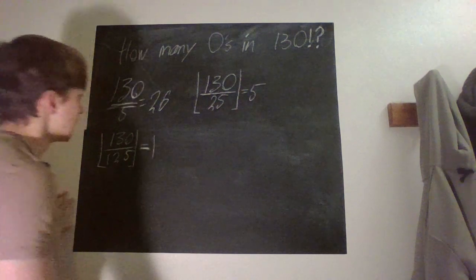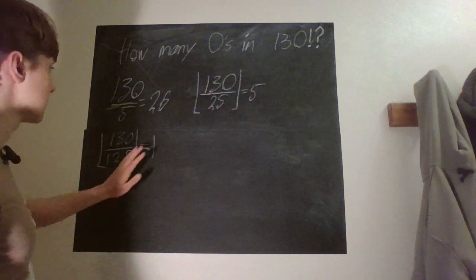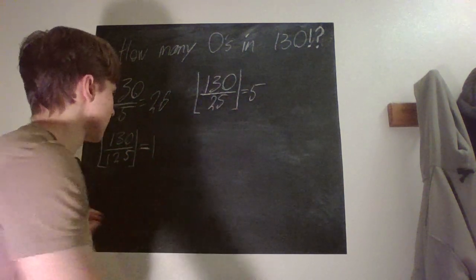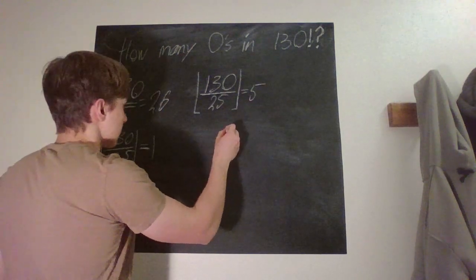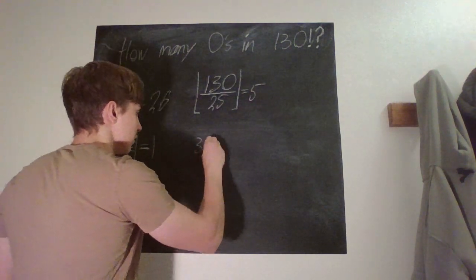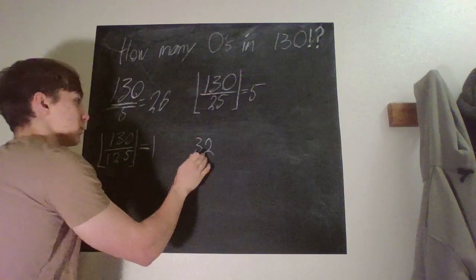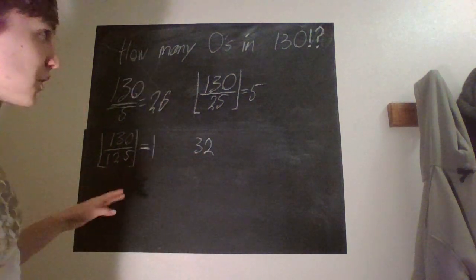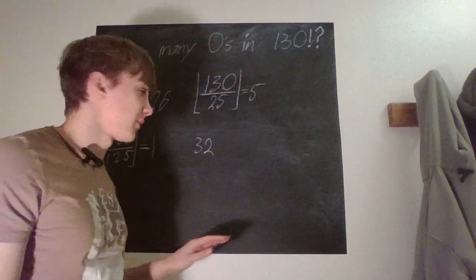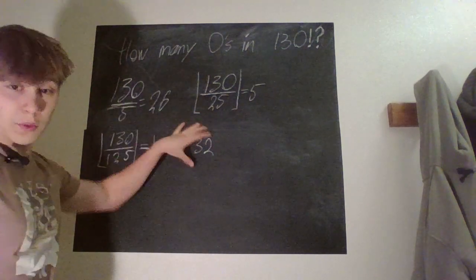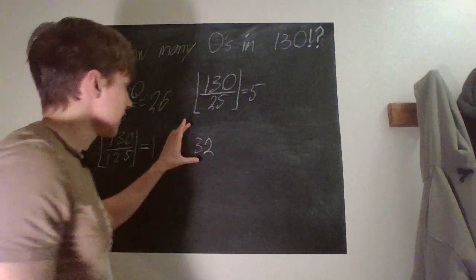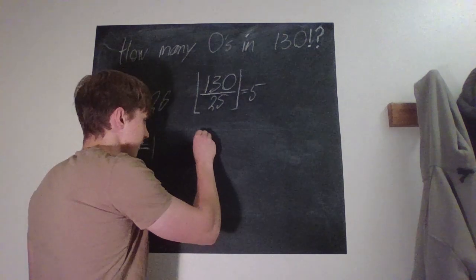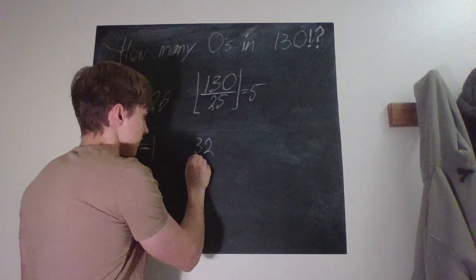Makes sense. And therefore, the sum of these, which gives us 32, is the total amount of 5s there are in 130 factorial. And since there are more than 32 2s in 130 factorial, therefore this is our answer.